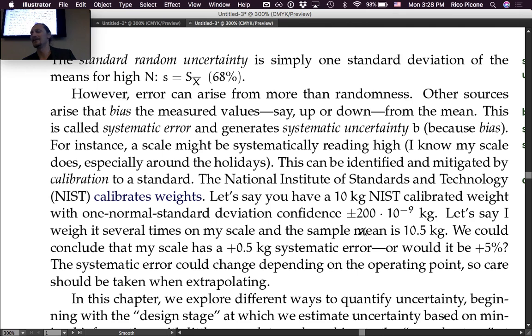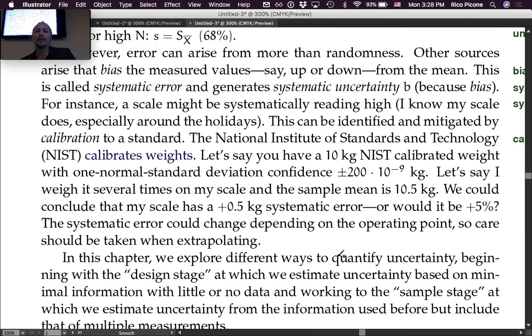It's pretty good, right? 10 to the minus 9 on 10 kilograms. All right, so let's say I weigh it several times on my scale, and the sample mean is 10.5 kilograms. We could conclude that my scale has a plus 0.5 kilogram systematic error. Or would it be plus 5%? Because really it's 5%. It's also 0.5 kilograms.